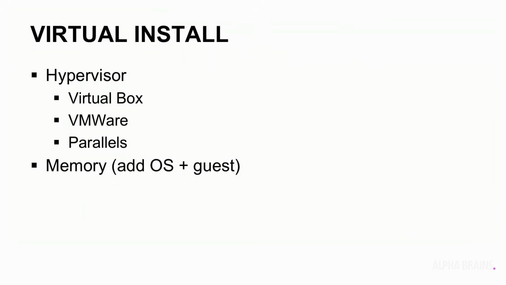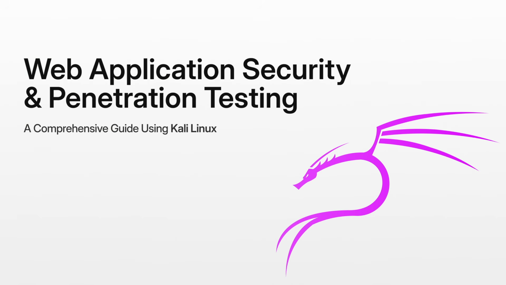So we've got a couple of different ways that we're going to install. You could do a hardware install, or you could do a virtual install. Either one is fine. At the end, you're going to have a Kali Linux distribution that you can use. And so we can get started on acquiring Kali, and we'll do that coming up.